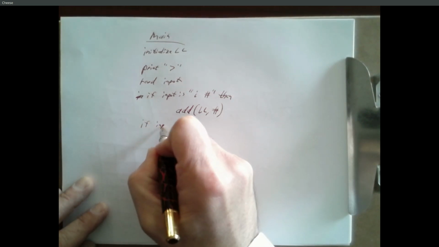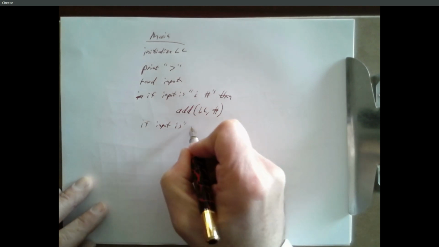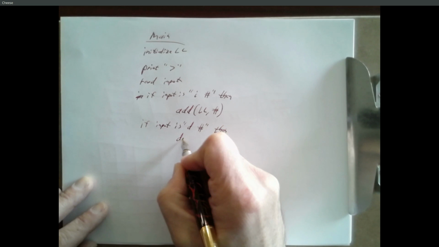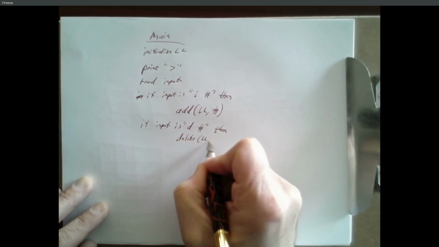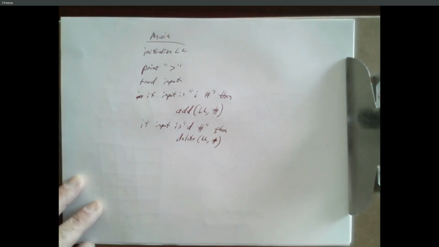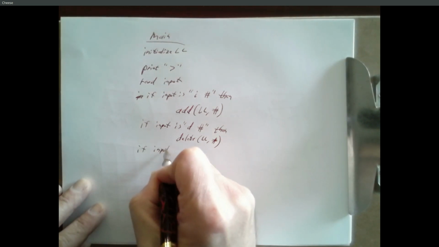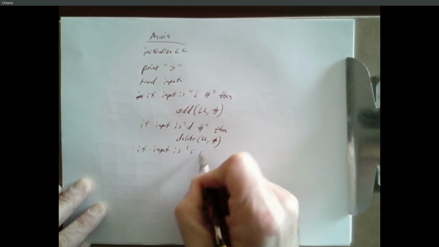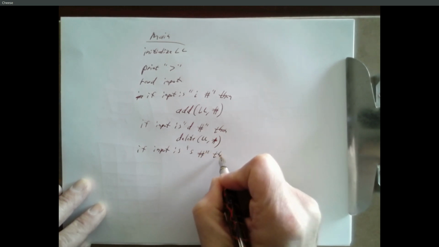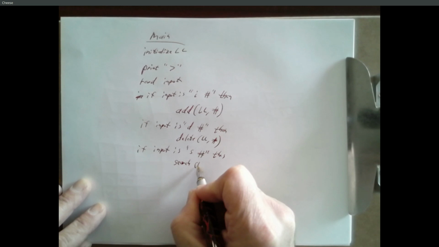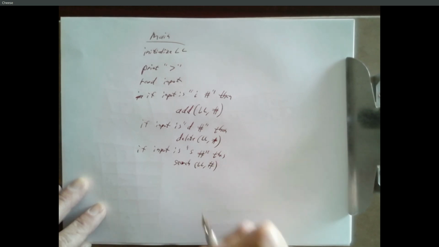If the input is delete followed by a number, then you want to call your delete function with that number, and so on. If it's S followed by a number, call your search function.